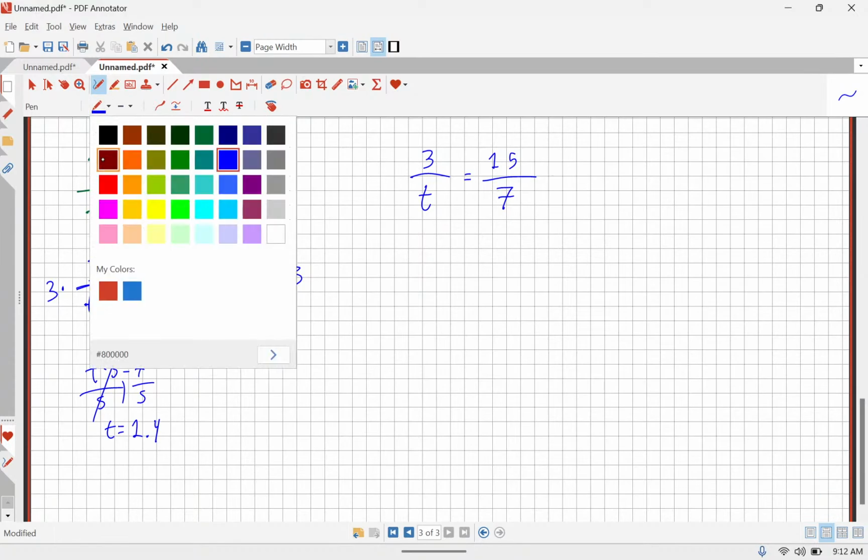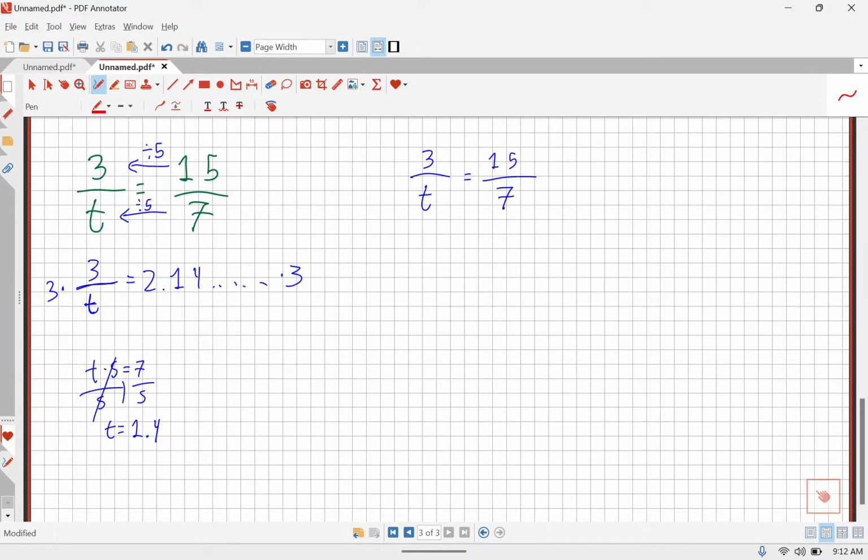What you can do is multiply both sides by the denominators, and that'll get rid of any fractions. If I multiply this side by 7 and this side by 7, those will be gone. And I do 7 times 3, because remember, that's technically 7 over 1. And that's 21 over t equals 15.